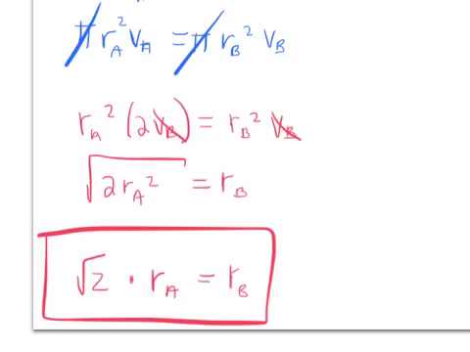If the answer was RA over radical 2, you would say RB decreases by a factor of radical 2. But since we're multiplying by radical 2, RB increases by a factor of radical 2.